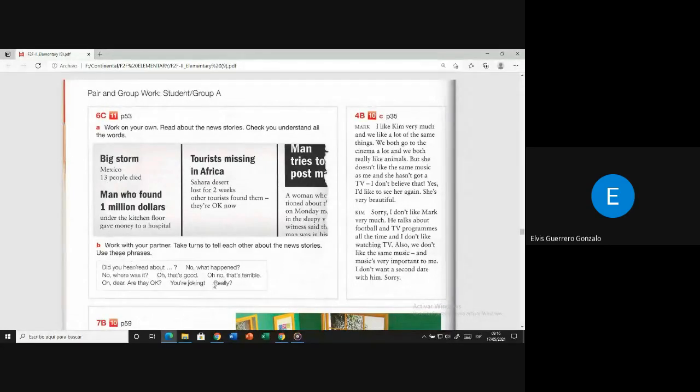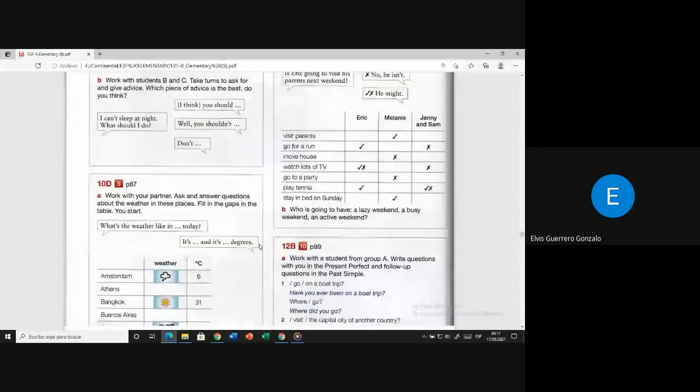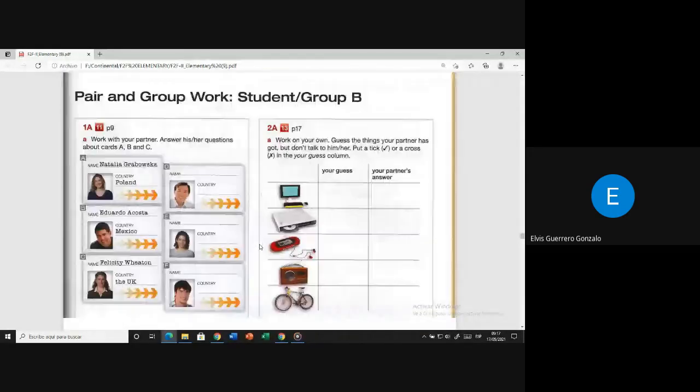Oh no, that's terrible. Yes, but now the president is helping this family. Oh, that's good. etc, etc. But about your stories, no? Similar, student B.